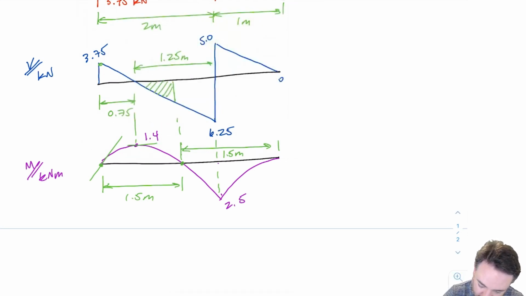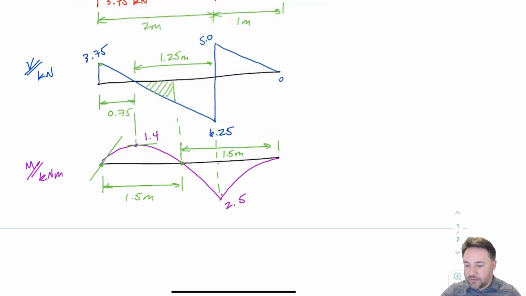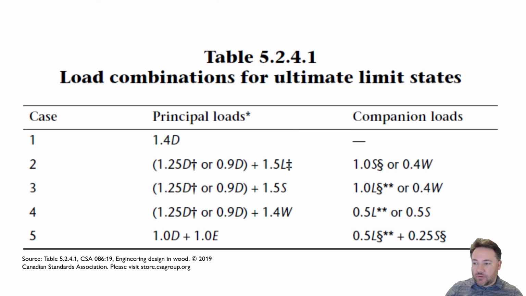And if I want to calculate my factored moments, I'm going to go to my load combinations table for ultimate limit states. Okay, and I see these are snow loads, remember? So this is the one that's going to govern, 1.5 times snow. I don't have dead, I don't have live, I don't have W. So 1.5 snow is the highest one I have out of all of these.